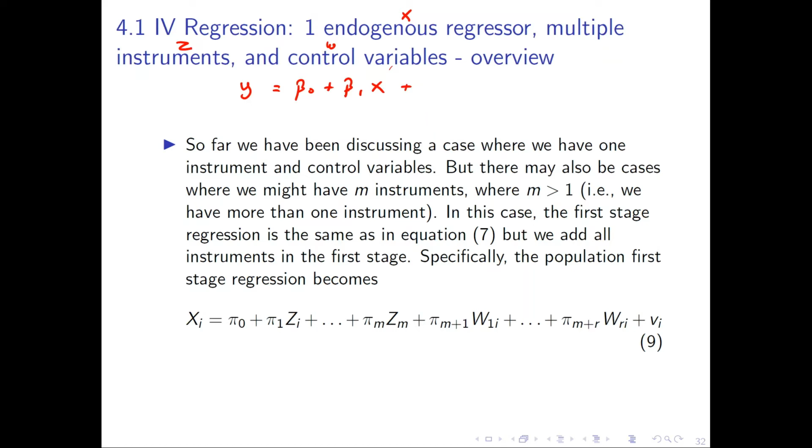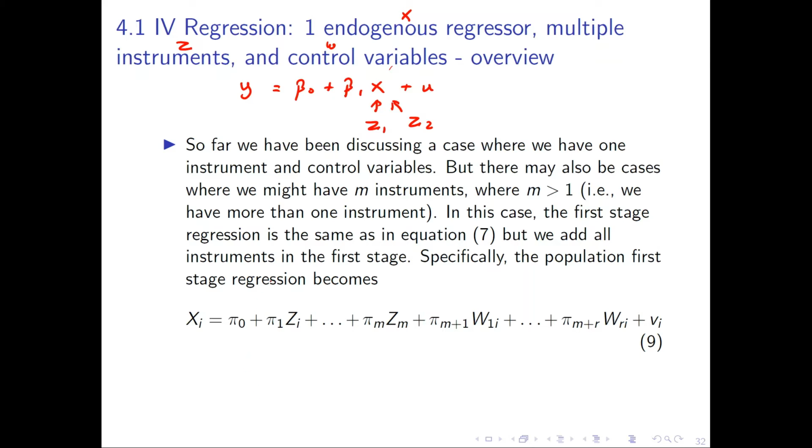This is supposed to be the regression error term. You can have more than one instrumental variable to control for or to extract the exogenous part from x.